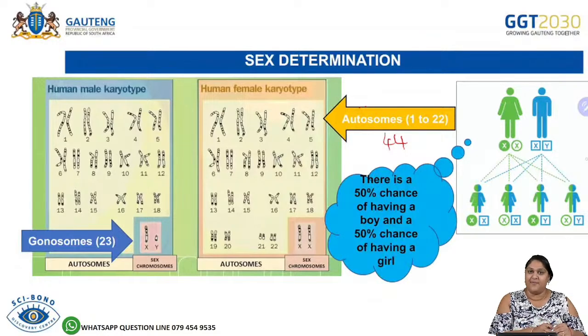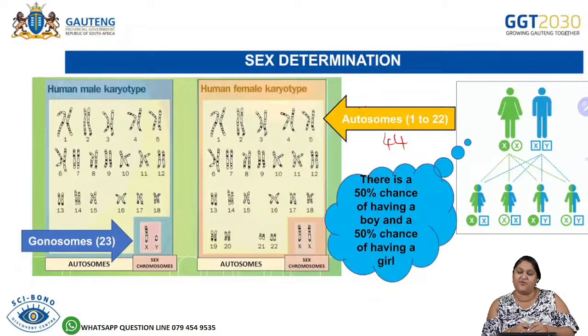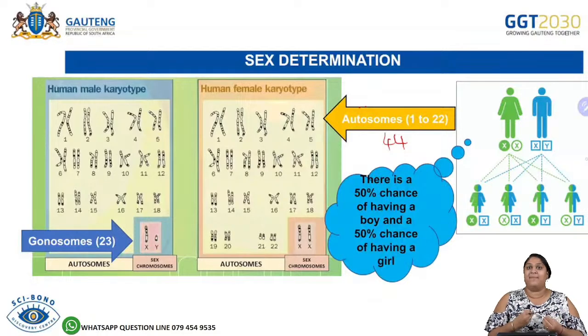So the mother can pass the sex-linked allele to the daughter or the son, because she only has X's, right? But the father can only pass his X chromosome to the daughter, because the daughter needs 2 X chromosomes. So the father can only pass that X chromosome to the daughter, and he has to pass a Y chromosome to his son.